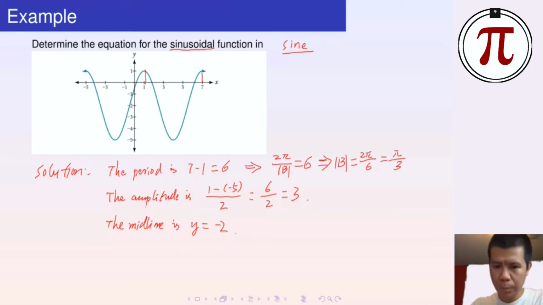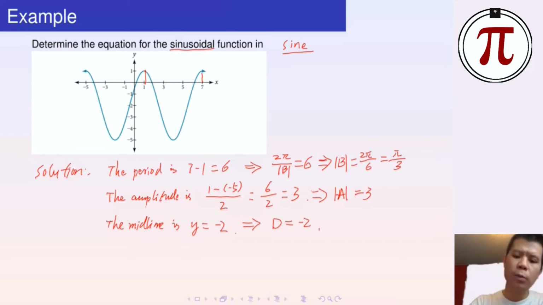Now, the amplitude is 3, which implies the absolute value of a is 3. Then we select b as positive pi over 3.